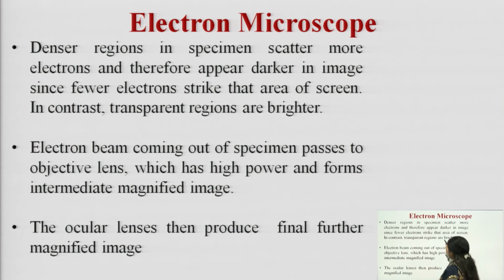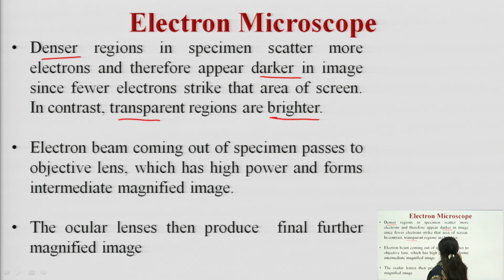So in electron microscope, in denser regions the specimen scatters more electrons and therefore appears darker. The image will be darker if the regions are denser, and if the regions are transparent, then the images will be brighter in nature.